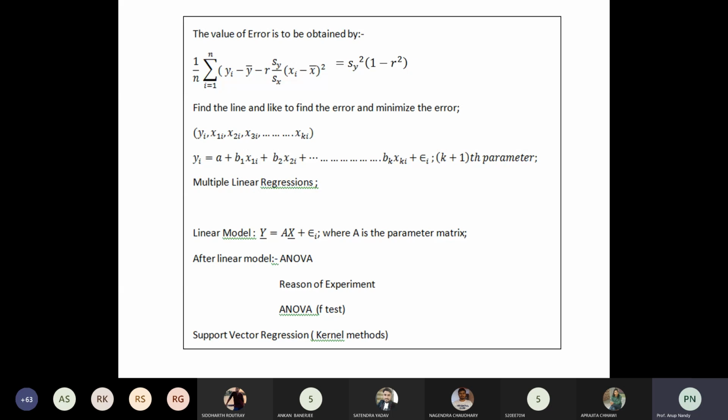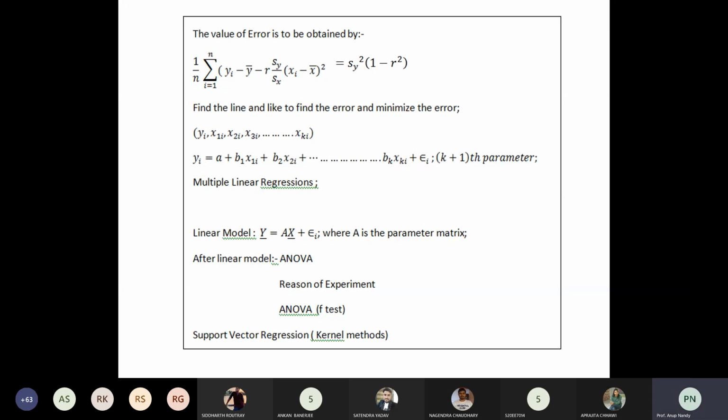How appropriate is your fitting, how correct is your fitting? In order to test it, I mean testing or validating, that is called the ANOVA model, analysis of variance. In the ANOVA, there is simply the F test and there is a design of experiments.